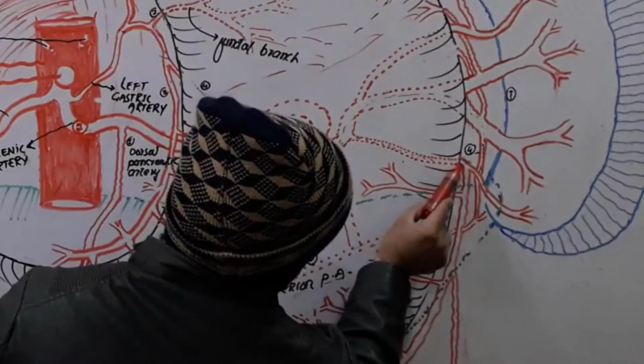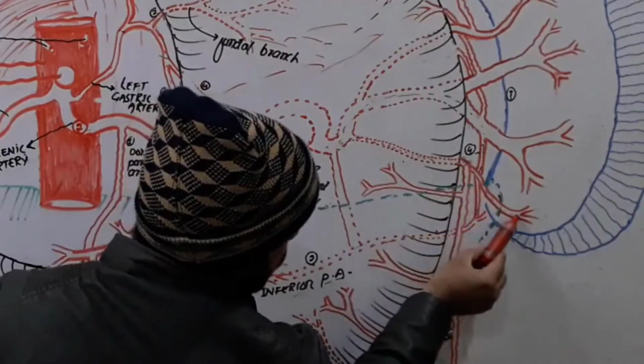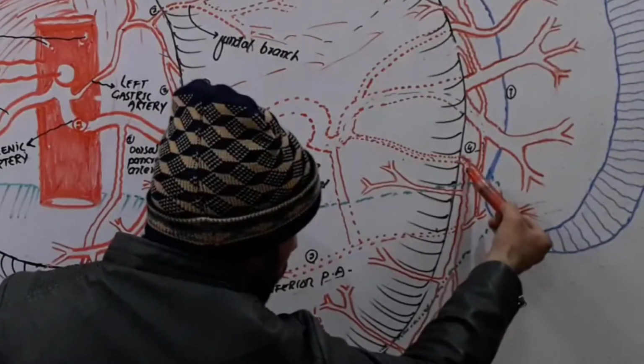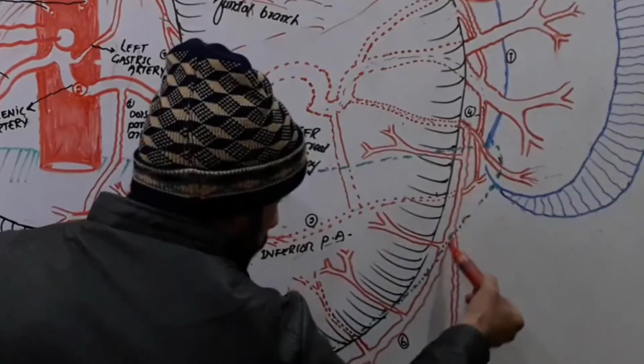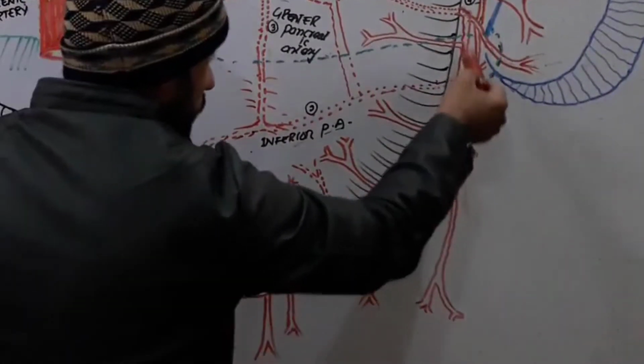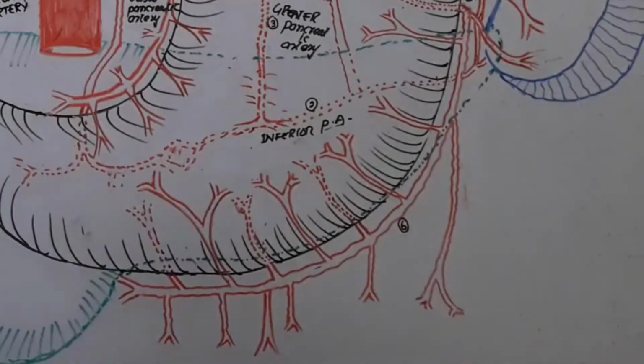Now if you follow this marker, look carefully, this branch is entering to the inferior aspects of the spleen, and from it there is a branch separating and comes down to the greater curvature of the stomach. So this is called the left gastroepiploic artery.